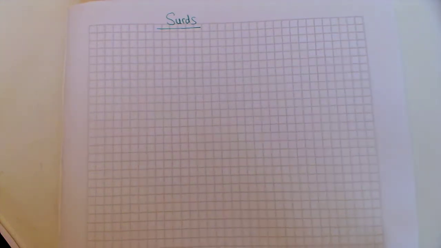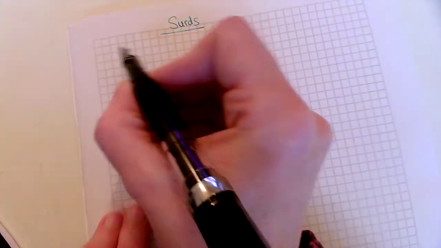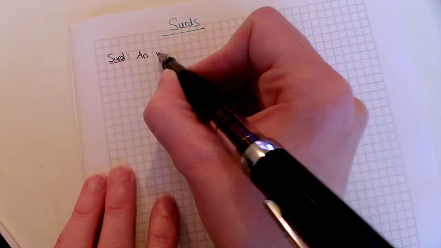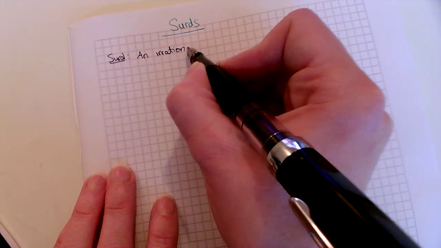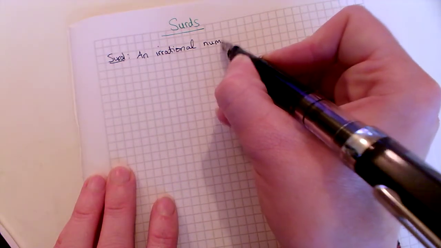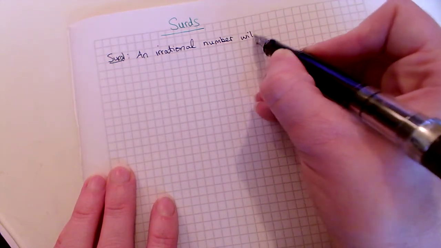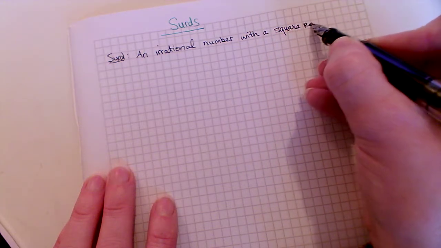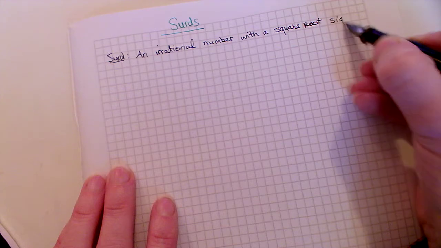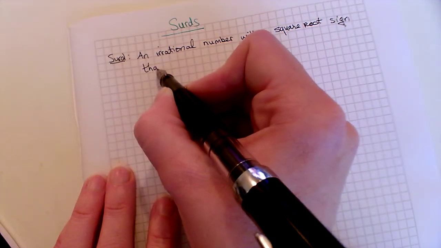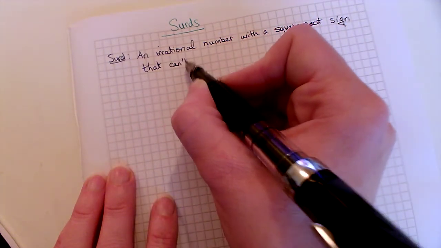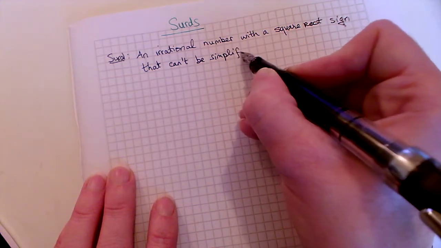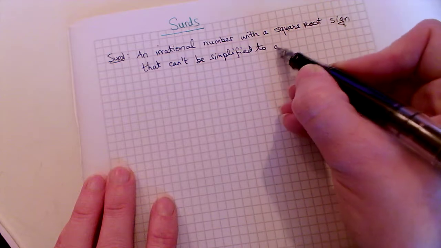So a surd, let's give a definition of it, is an irrational number with a square root sign in it that can't be simplified to a whole number.